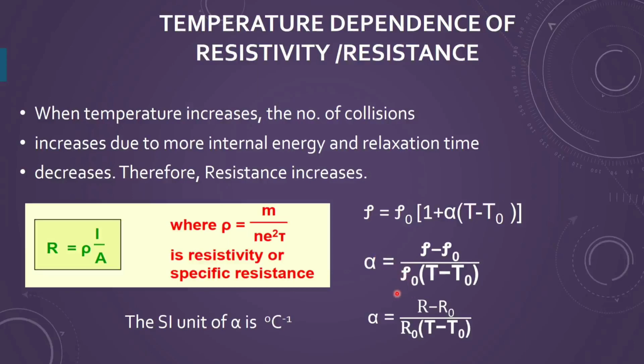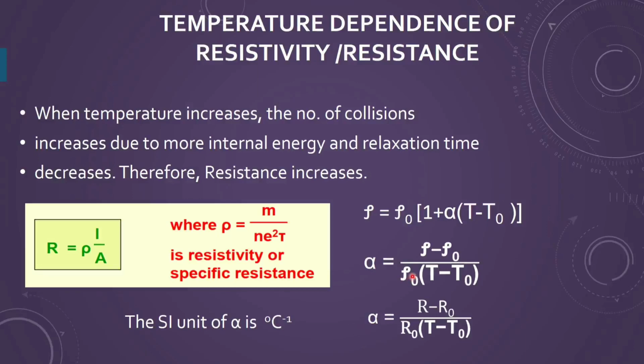Similarly, if I want to write the temperature coefficient for resistance, it is written in a similar way: R minus R naught divided by R naught times (T minus T naught). T is the temperature at which you are finding the value, and T naught is at 0 degree Celsius.